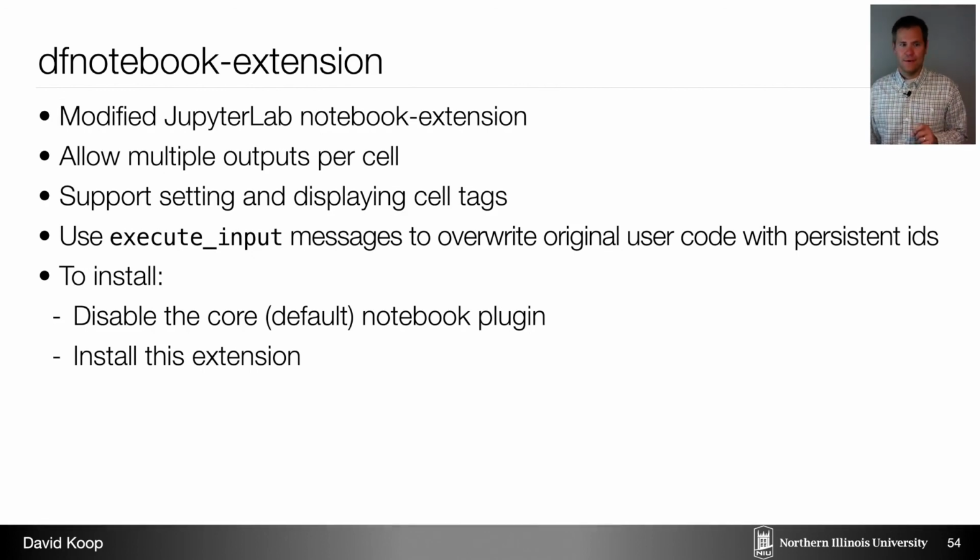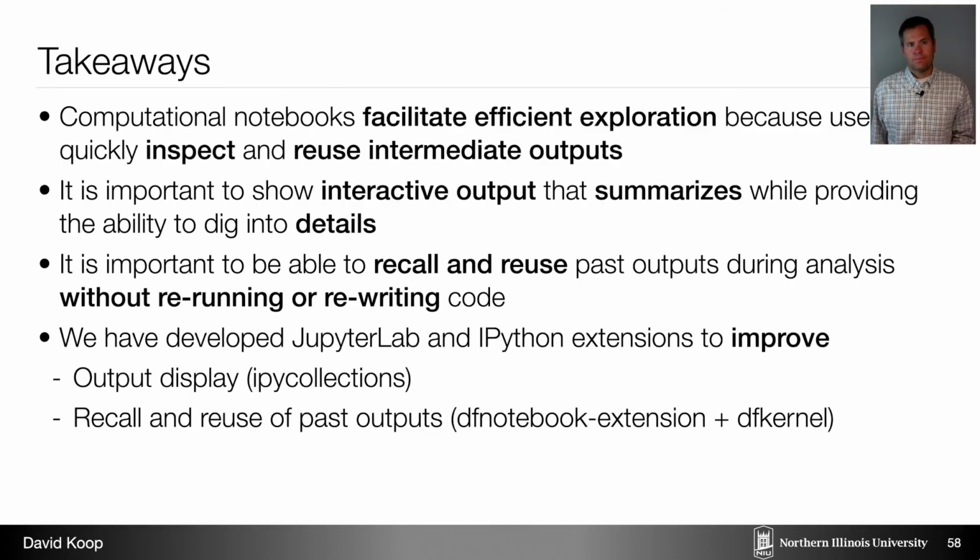One interesting side note is the best way we found to leverage the existing notebook code was to actually make it the core notebook. So you have to disable the core default notebook and then install this extension, which becomes the notebook extension then.